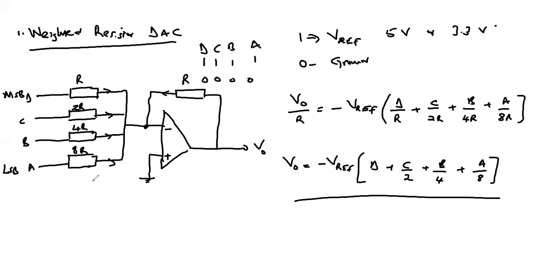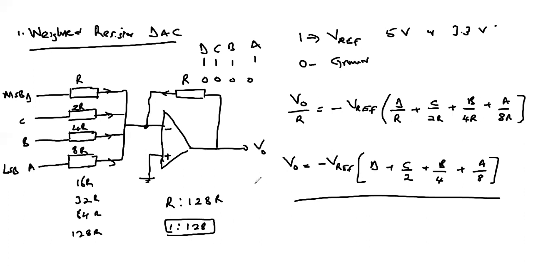For example, if we want an 8-bit DAC, then we'd have 16R, 32R, 64R, and 128R. That means the ratio of the lowest to the highest resistor in an 8-bit weighted resistor DAC will be R to 128R, which is 1:128. And this ratio is very high.